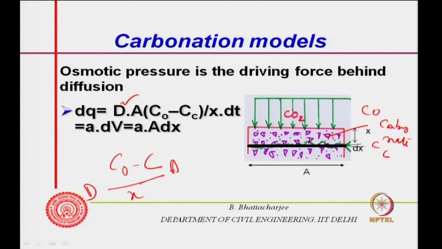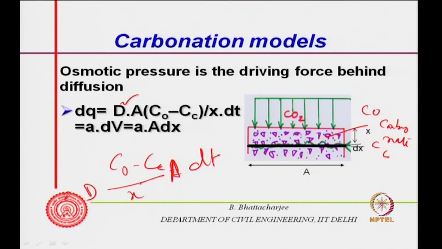As it comes in, the gradient will be C0 minus C, where C0 is outside and C is inside, divided by x. We assume that the gradient is constant there, multiplied by the area A, and this is the amount of carbon dioxide coming into dx, multiplied by dt, that was the rate.